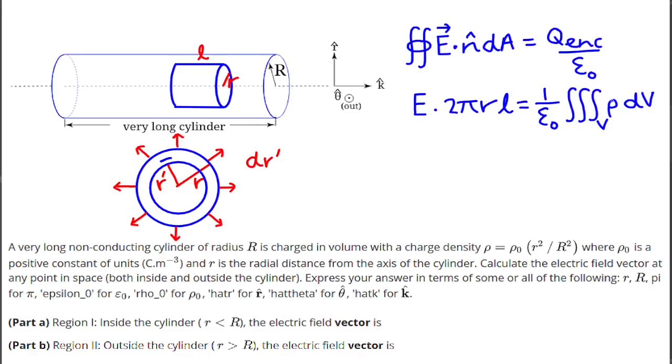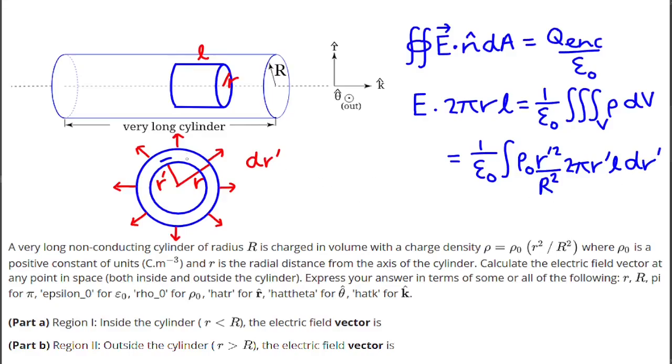Therefore we can simplify our integral considerably, so that's equal to 1 over epsilon naught times the integral of the volume charge density, rho naught times r prime squared over the radius of the cylinder squared, and our differential volume element is 2 pi r prime times the length of our cylindrical shell times the thickness of the shell.